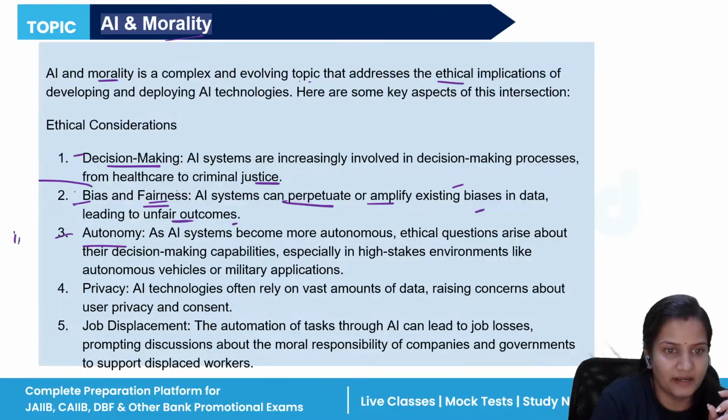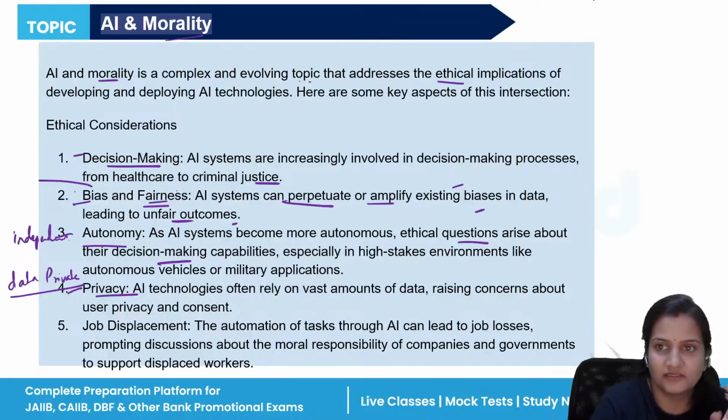Autonomy: it is independent, it does not need anyone else. Ethical questions arise about their decision making capability. Privacy: data is private. In some cases there is data theft also, where the private data leaks. AI technologies often rely on vast amounts of data because AI is bigger than a normal computer system, the normal internet.